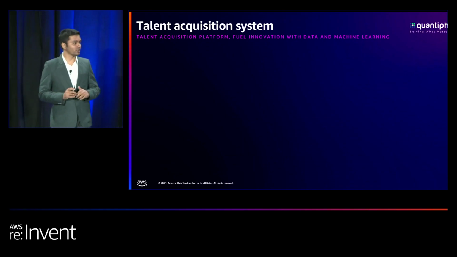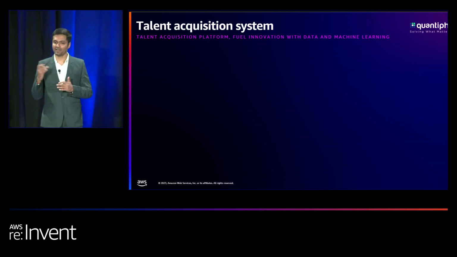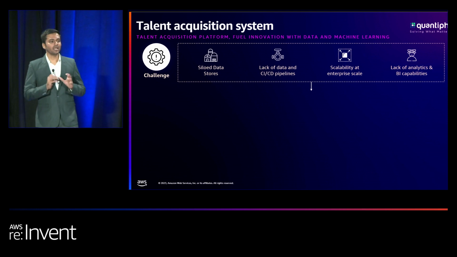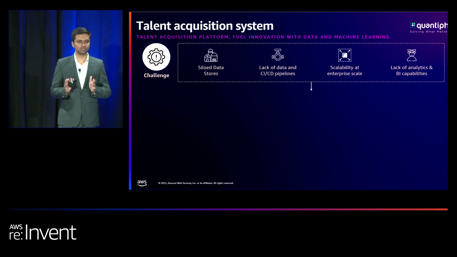So the first implementation is from a talent acquisition company, which is a B2B company and serves different Fortune 100 and 500 customers. Their major objective is how they can get more data from different varieties of sources, analyze that data and democratize it to the different teams, so they can do analytics at scale.